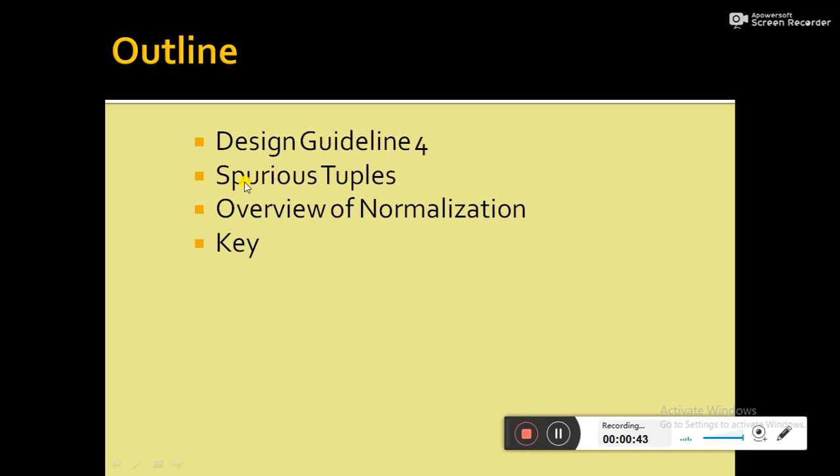Next, I will discuss spurious tuples. Then I will give an overview of normalization. Here I will give just an overview of normalization, and from the next lecture onwards, I will elaborately discuss the concept of normalization. And last, I will discuss the different keys used in a database.